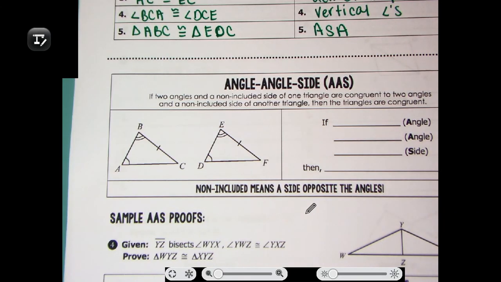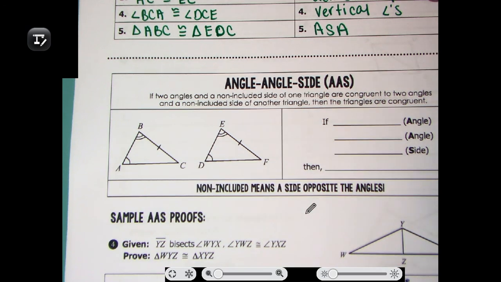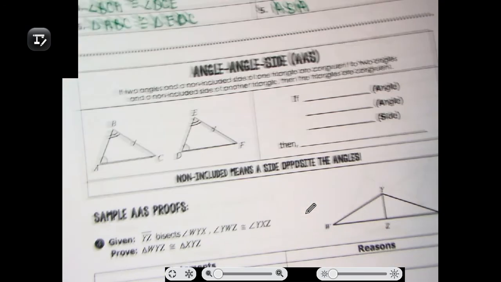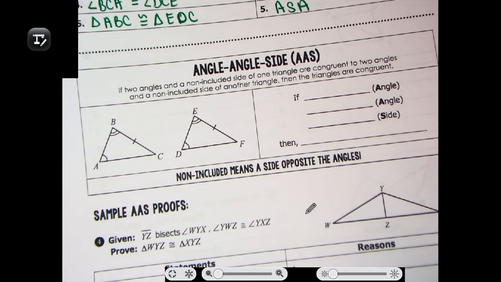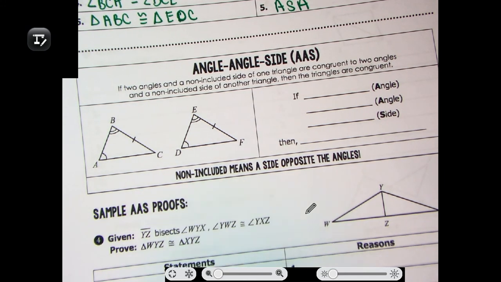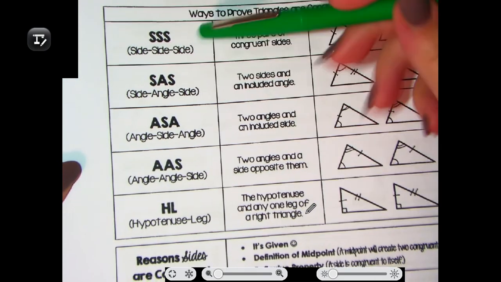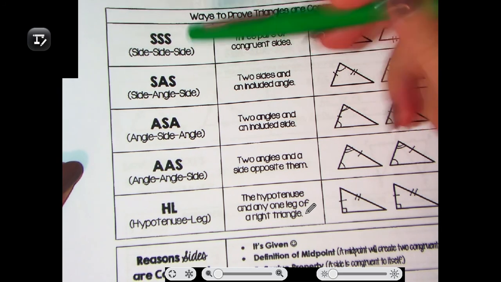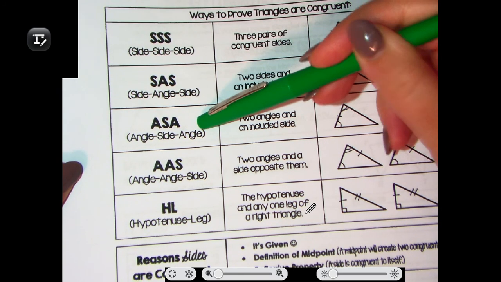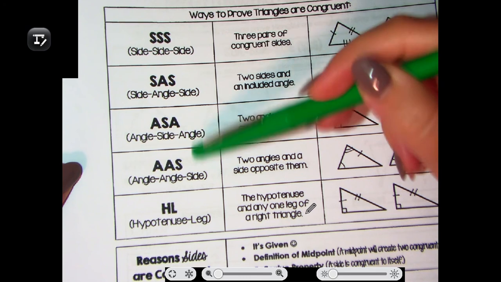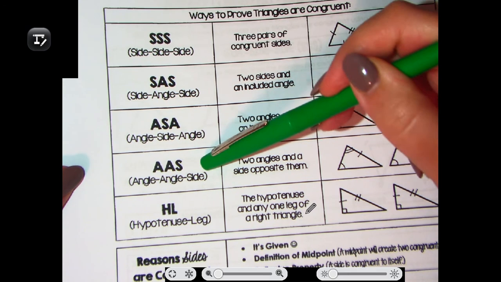Okay, so we're now going to cover the last type of proof that we're going to do, which is the angle side. To take it back to our reference sheet to remind you what we're doing here, because this is a super big topic. We've done side, side, side, side, angle, side. We just did angle, side, angle, and now we're doing angle, angle, side.